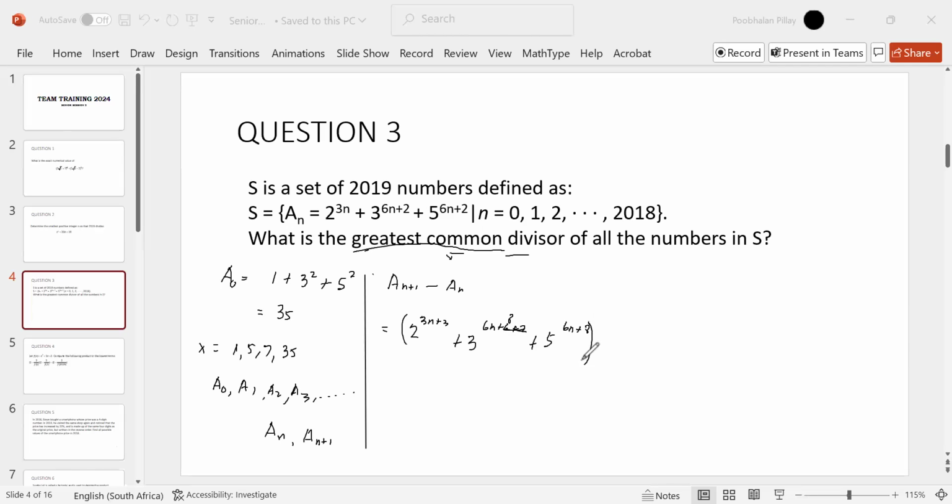So this is now AN plus 1, right? And AN is already there. It's 2 to the power of 3N. Let me do it like this to make it a little bit easier.